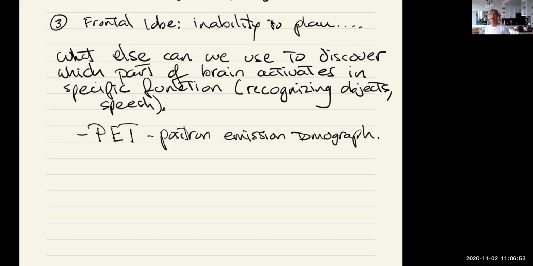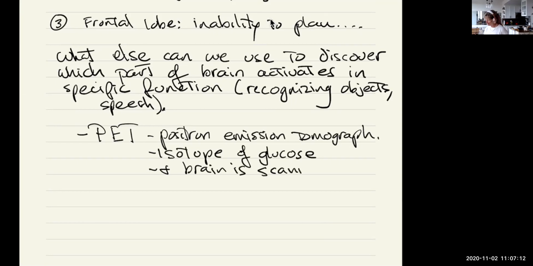And that is a scan whereby an individual is injected, usually with an isotope, often of glucose. And the brain is scanned for active regions. And you know it's active because the glucose is being used there, is concentrated there, and gives off radiation.